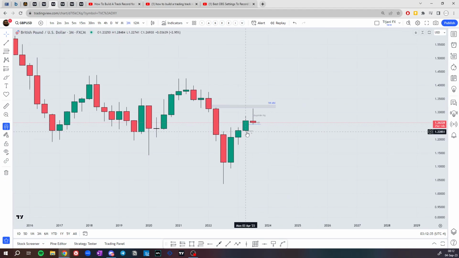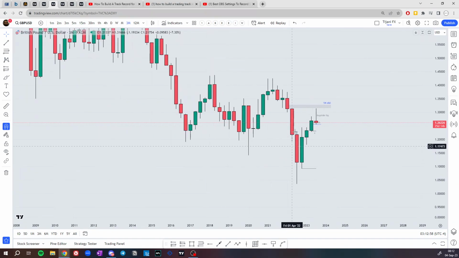Otherwise, this is my confirmation. If price takes the previous quarterly low, there is a higher chance that price is maybe going to find some support on this quarterly bullish order block at the 50%. And if this low fails to support price higher, there is a higher chance of a continuation lower.